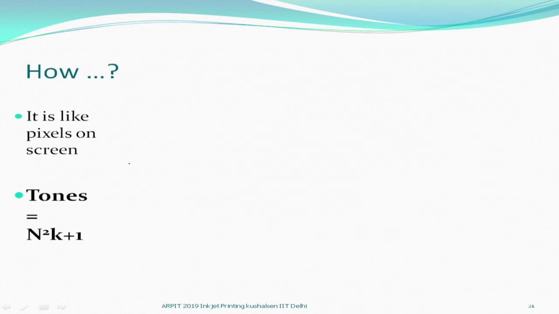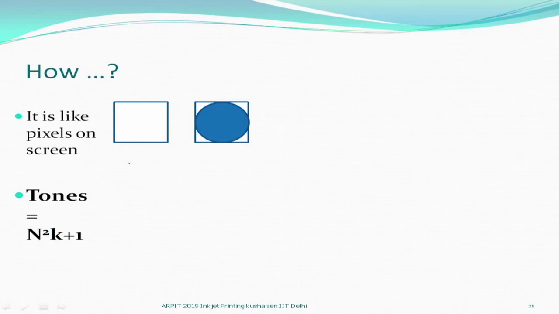How is it done? It is like pixels on your display screens. In a textile, for that matter, the same kind of thing will happen. So, we have tones. The number of tones can be equal to the resolution that you create versus the colors that you have. So, n square into k plus 1.